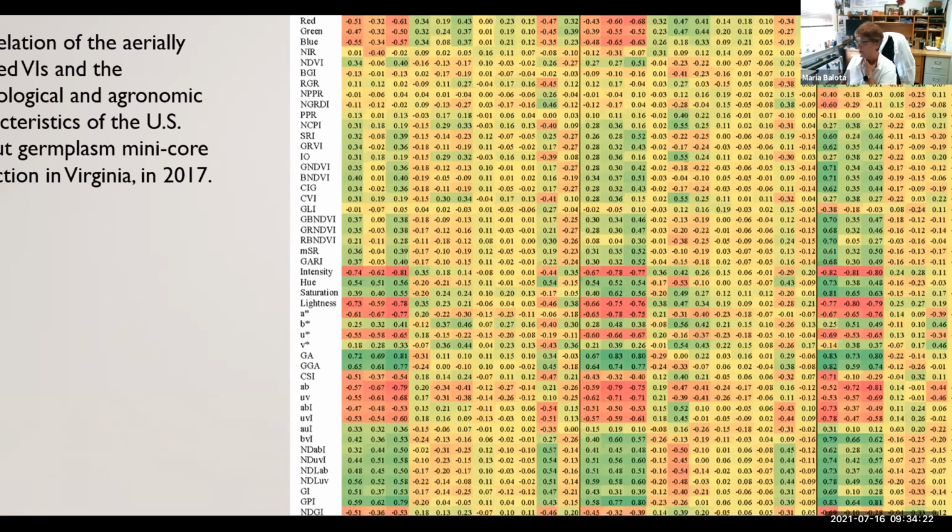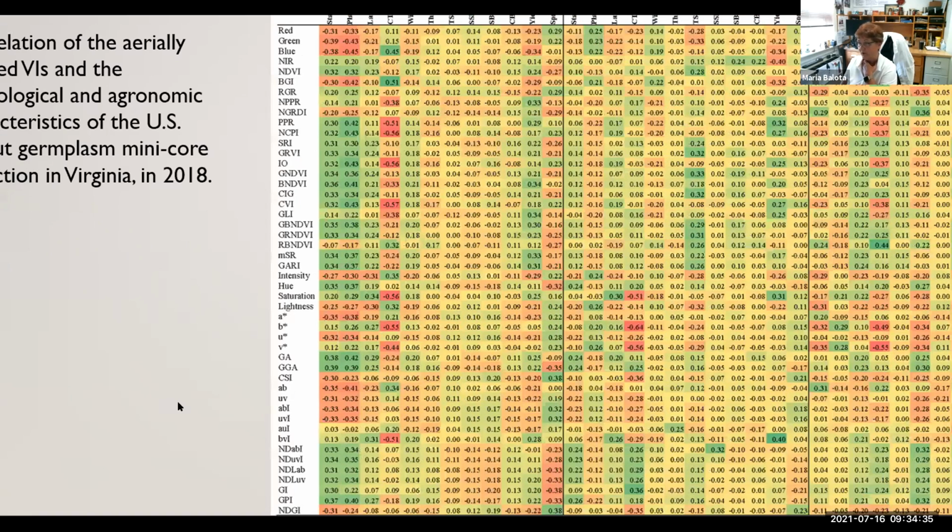Less association we were able to find for the diseases, probably because we really didn't have good differences among the genotypes, maybe.